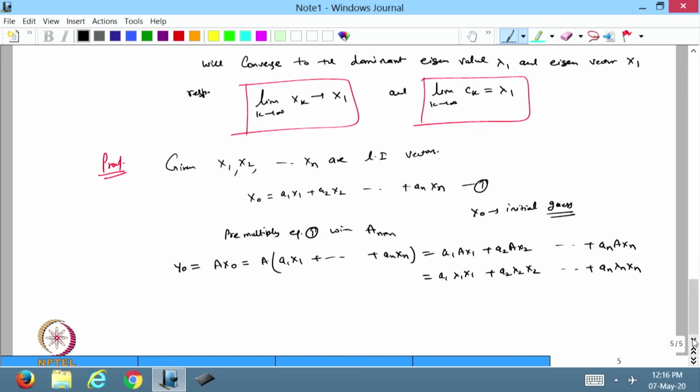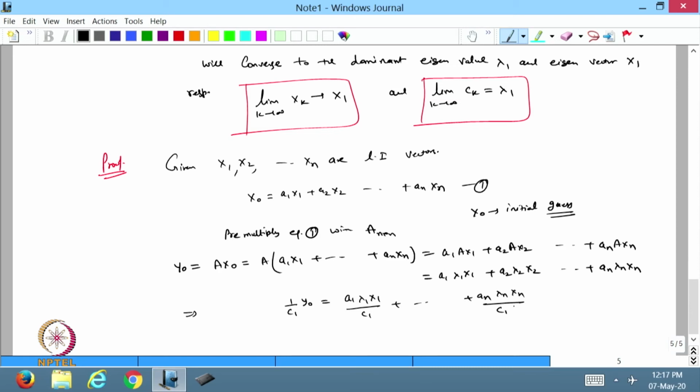So, 1 over C1 into y0 can be written as A1 lambda 1 x1 by C1 up to An lambda n xn by C1.